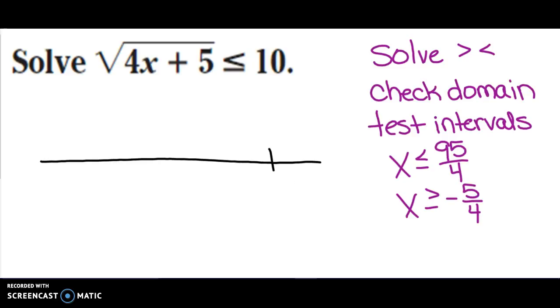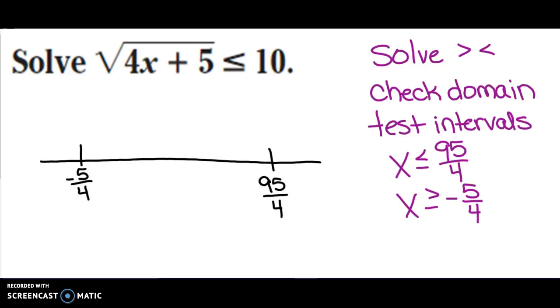I think that's something like 23.75. So 95 over 4 is here. The other critical point is negative 5/4. It doesn't matter that they're that far apart. It's no big deal, because you're just going to pick some numbers that are on either side of these.